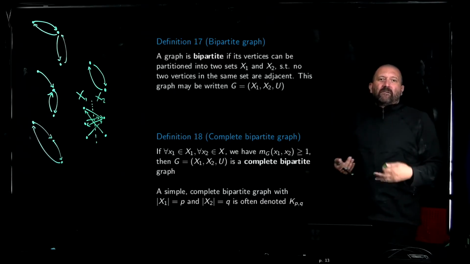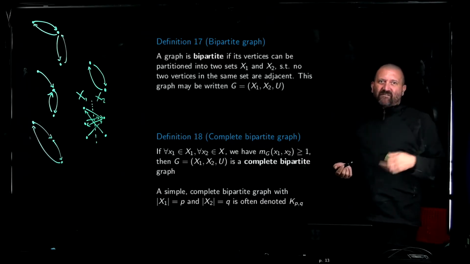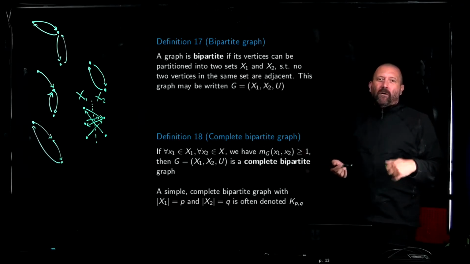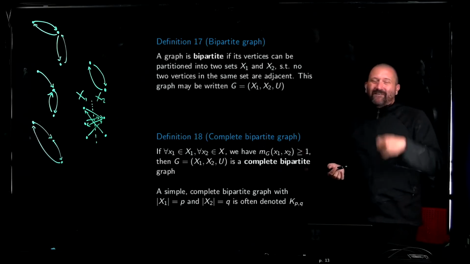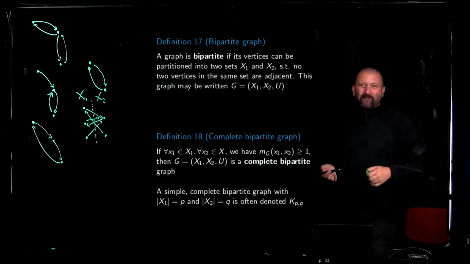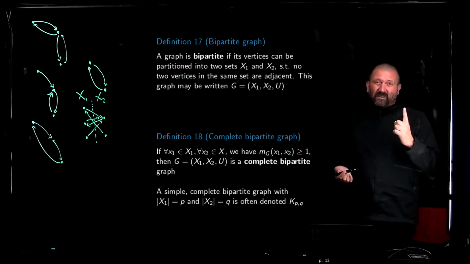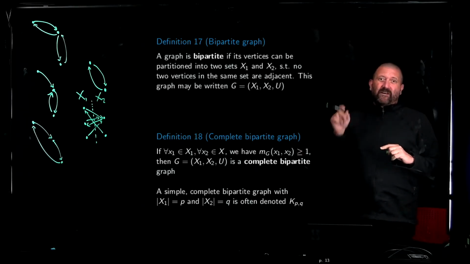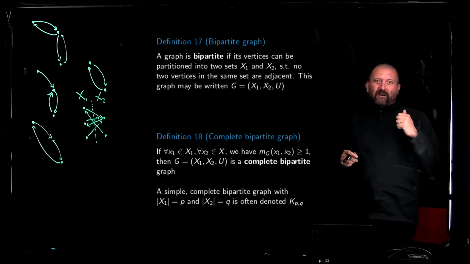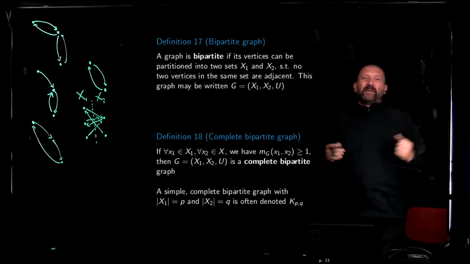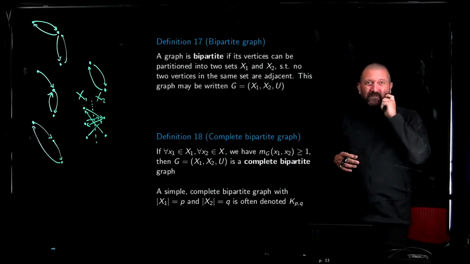We can add completeness as a requirement, and then we define what is called a complete bipartite graph. If you have a simple graph, remember, simple means it doesn't have orientation, and we have a simple complete bipartite graph, then this is a graph that we will see again, which is K_PQ.